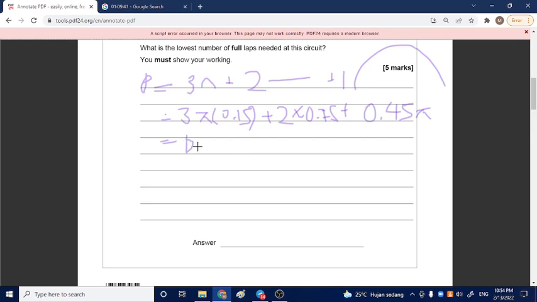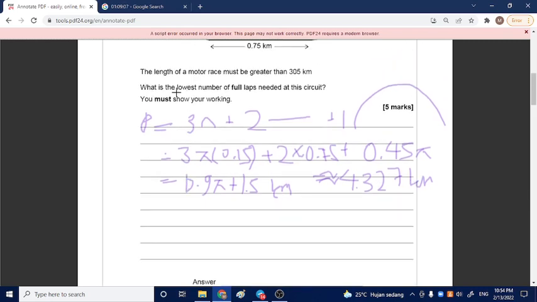Anyways, the total will be 0.9 pi plus 1.5 kilometers. To make that into readable decimal, that would be 4.327 kilometers, approximately, corrected to 3 decimal places. And then, so we need to find the lowest number of full laps.